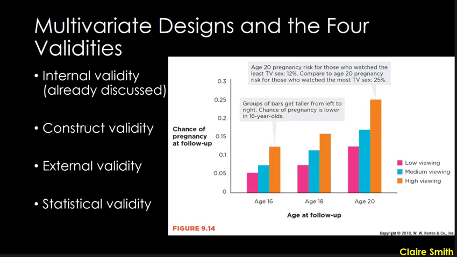And then the very last bit here, looking at multivariate designs and the 4 validities. Internal validity, we already discussed in depth. But we also need to think back about construct validity, external validity, and statistical validity, which we talked about in previous chapters.